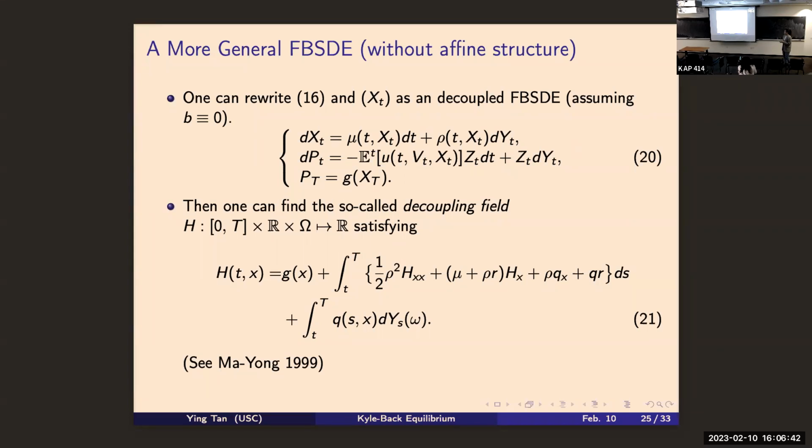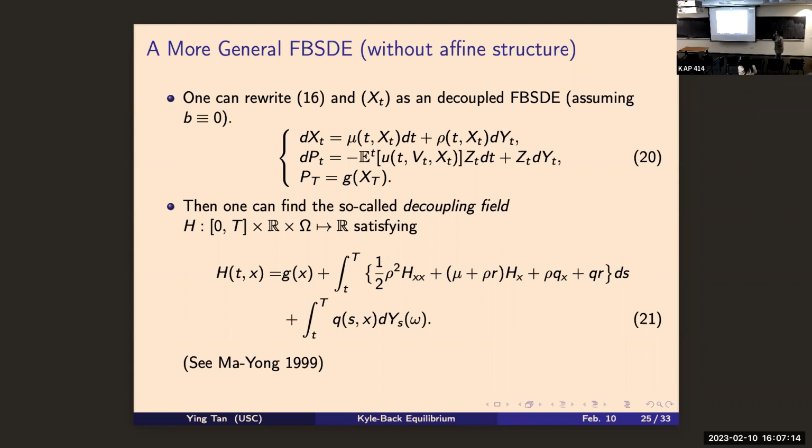So instead of h satisfying a PDE, this h will satisfy an SPDE. And since the h is random now, it will add much more difficulty for us to solve the optimal control problem later, because this h is in the cost function. So we will go back to study the problem under the affine structure assumptions.